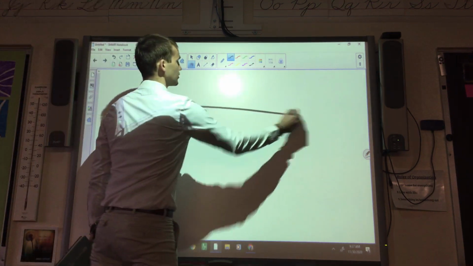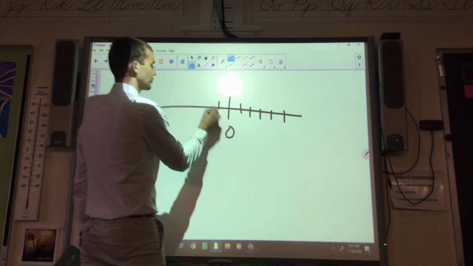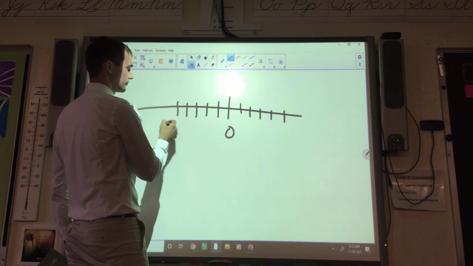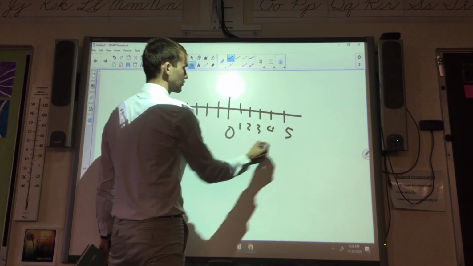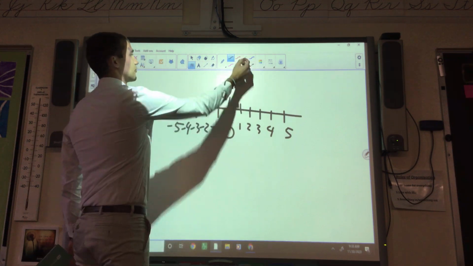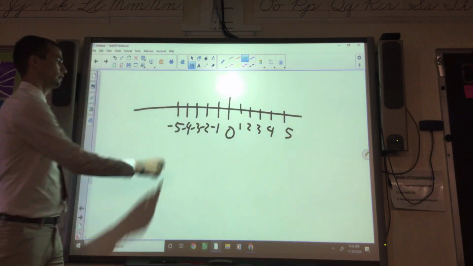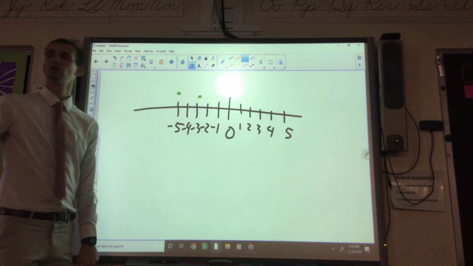Basically what that means is, let's say you have 0 here, you've got 1, 2, 3, 4, 5, and this is obviously negative 5, regular 5, and negative 1, negative 2, negative 3, negative 4. It doesn't matter which one you call a and b.